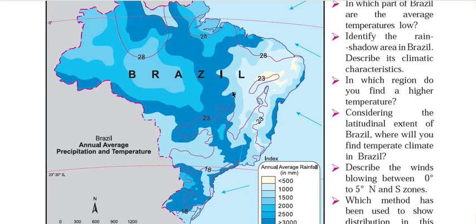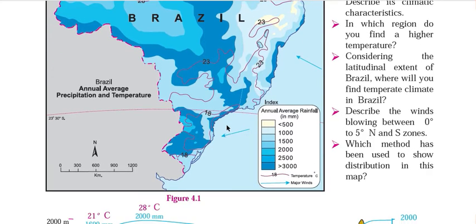Then we have the tropical region, from 5 degrees south to 23 and a half degrees south, from this region up to this, it is a tropical belt, and below the Tropic of Capricorn we will find a temperate type of climate. So a temperate type of climate occurs in the southernmost part of Brazil.